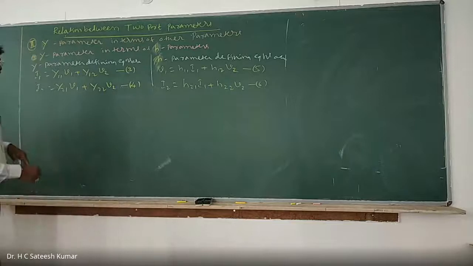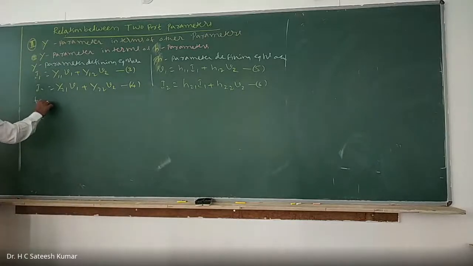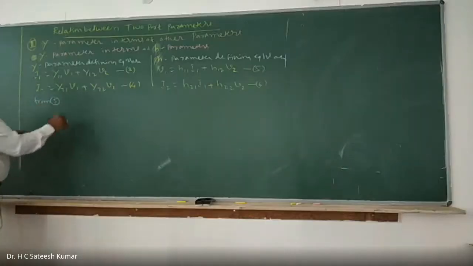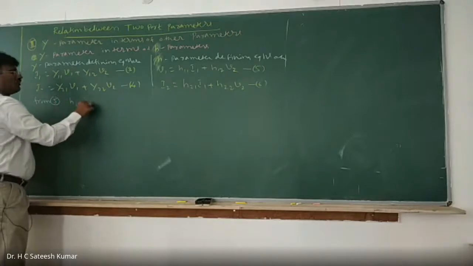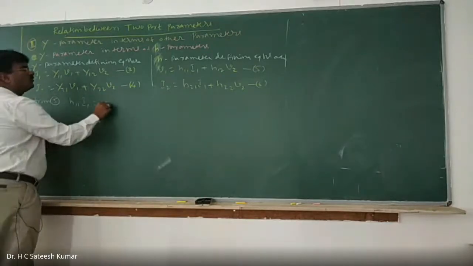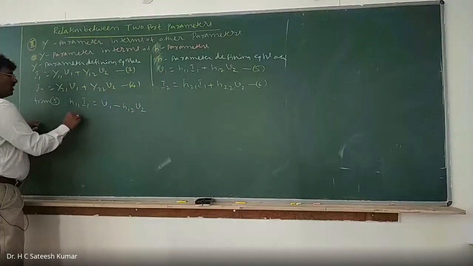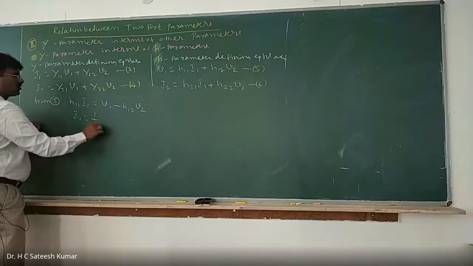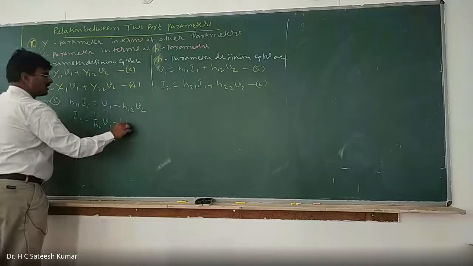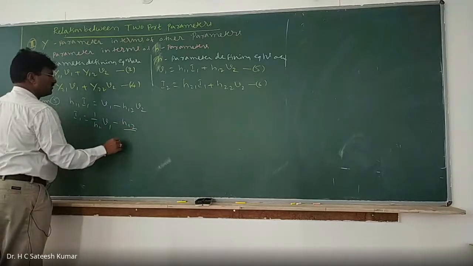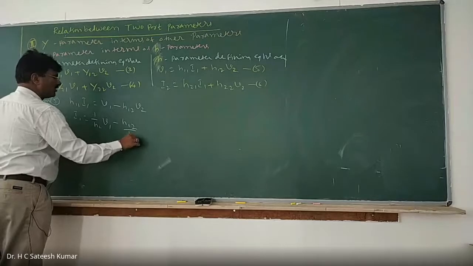So from 5, keep H11 into I1 on one side, and transfer the rest to the other side: V1 minus H12 into V2. Therefore, I1 is equal to 1 by H11 into V1 minus H12 divided by H11 into V2.